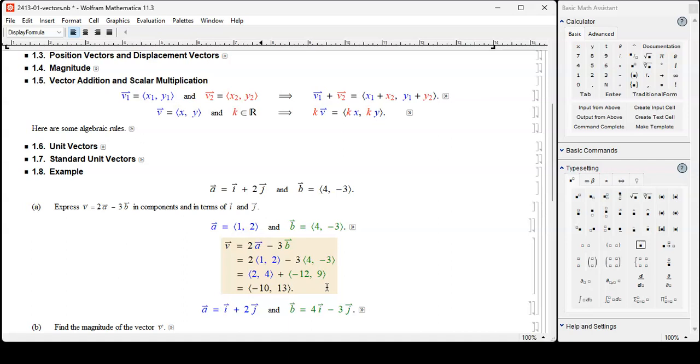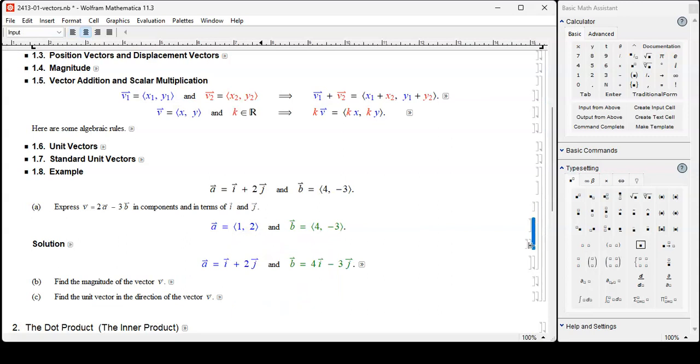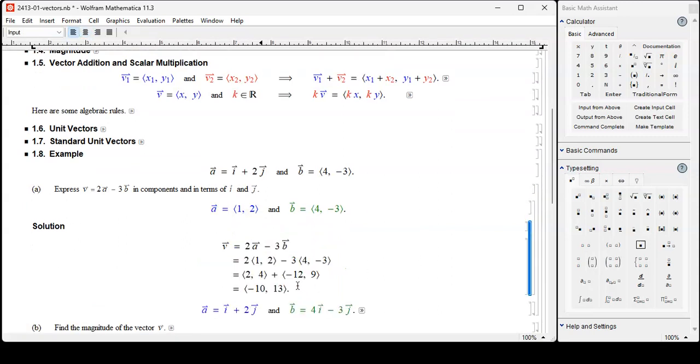Is that clear to you? Let's see, what did I do here? Yes, the very same computation. Scalar multiplication, multiply by 2, multiply by negative 3, and then add them up, component by component.